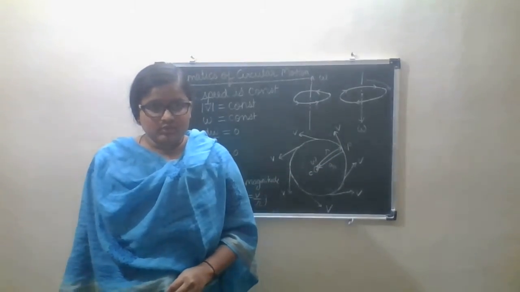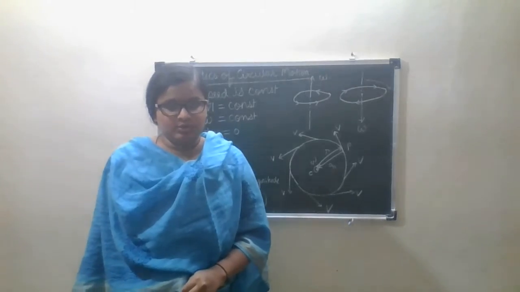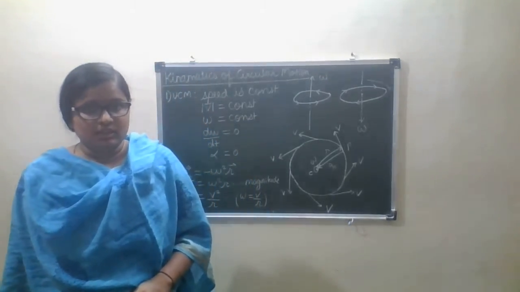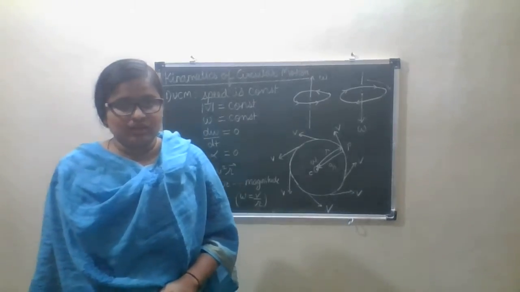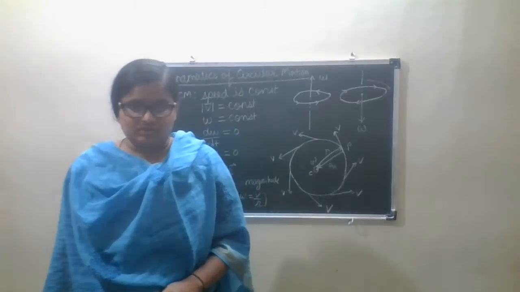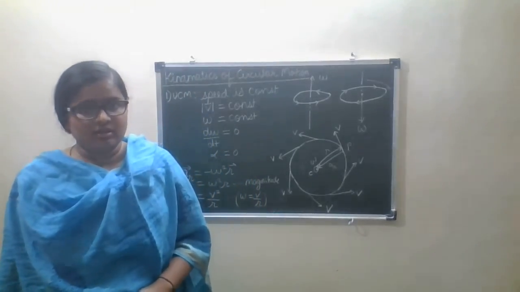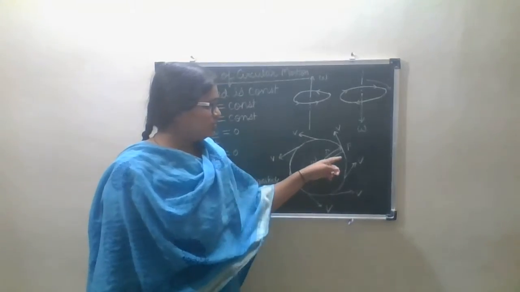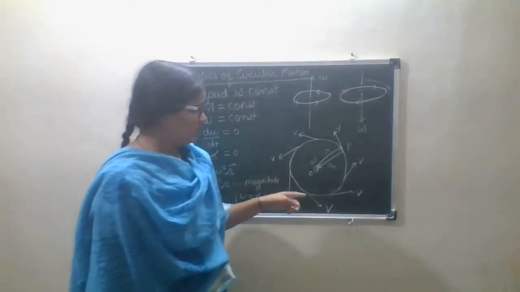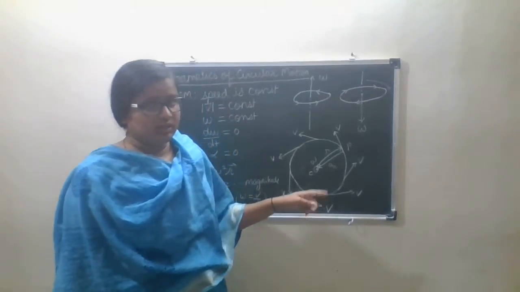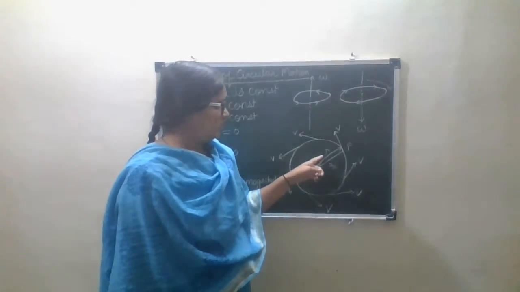So in uniform circular motion, the acceleration which is responsible is radial acceleration or centripetal acceleration. Suppose this particle is P, which is moving along the circumference of a circle, and this is the center of the circle, and this is the radius of the circle.